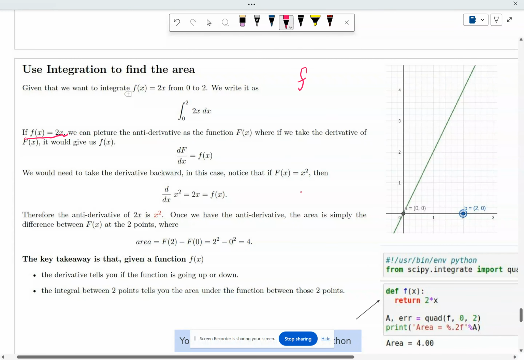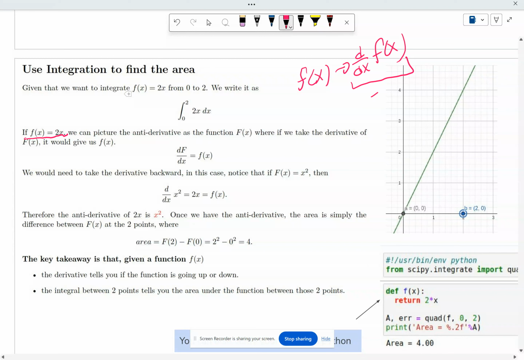Previously we had f, and we took the derivative, d/dx. But now we have f of x, and we're trying to find the original function. So we're going backwards. We're trying to find this function, capital F, which after we take the derivative will give us this. So we would need to take the derivative backwards.